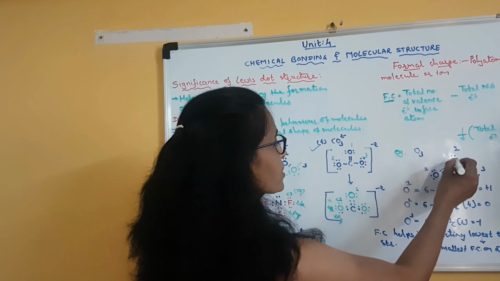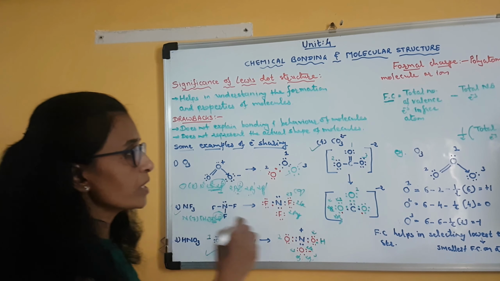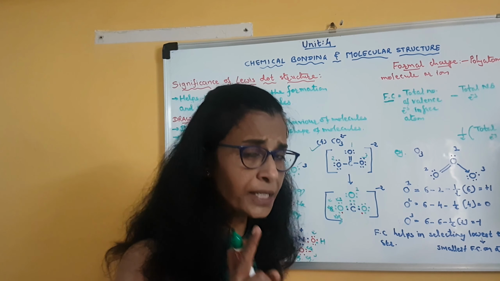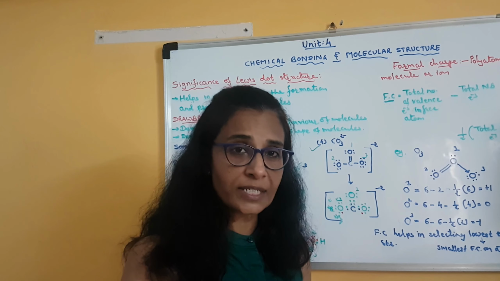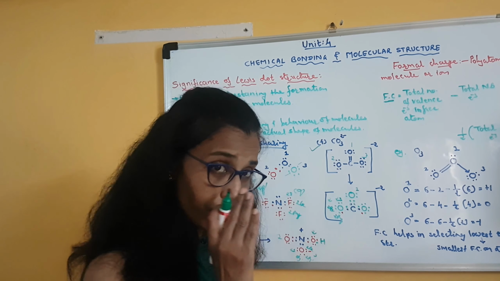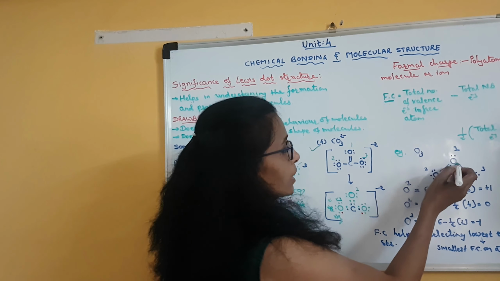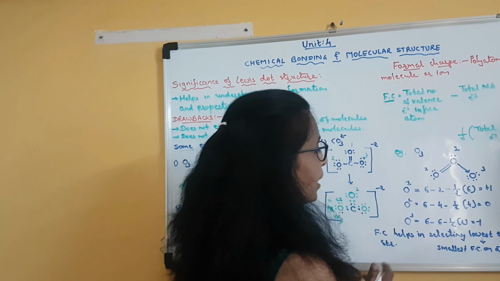And that is why first oxygen is assigned plus 1 charge. So plus 1 is its formal charge. Clear? It is a temporary charge. If the atoms from the molecule are separated, then this charge will not be there. Clear? So it is just the formal charge. So here our first oxygen is assigned plus 1 charge. It is based on this formula.